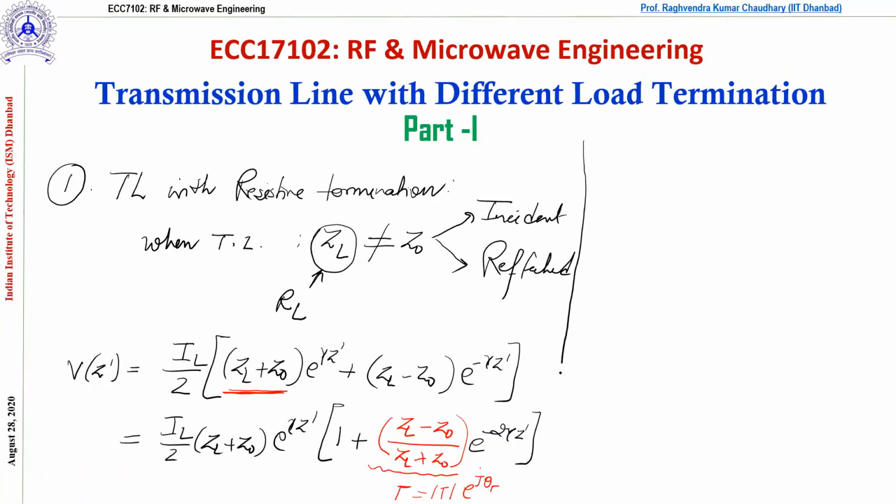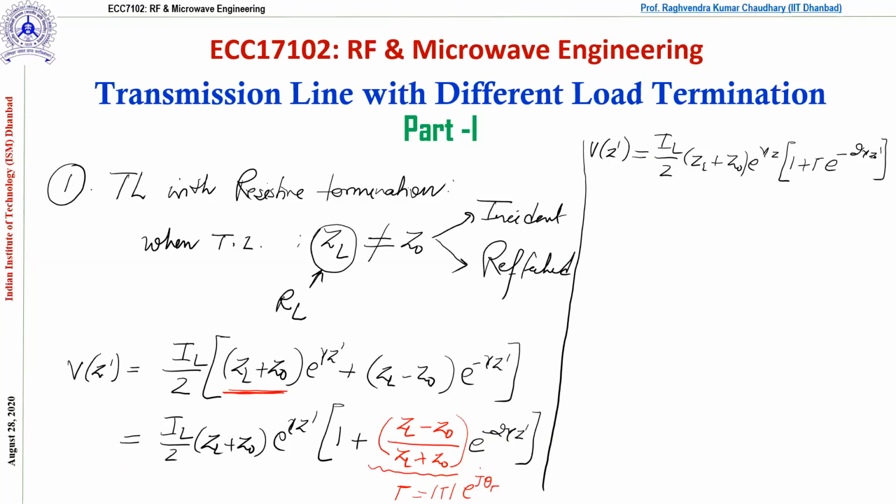The new equation will be V(z') is equal to IL by 2 (ZL plus Z naught) e to the power gamma z', and 1 plus gamma. Gamma is a complex number here, correct? Times e to the power minus 2 gamma z'.